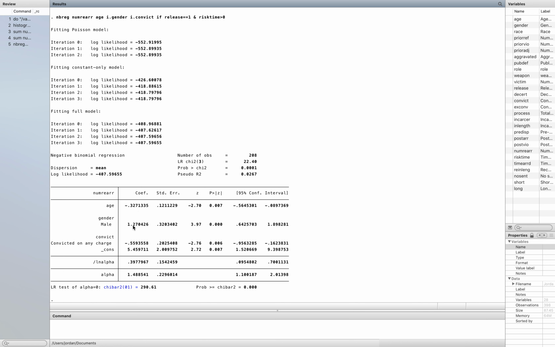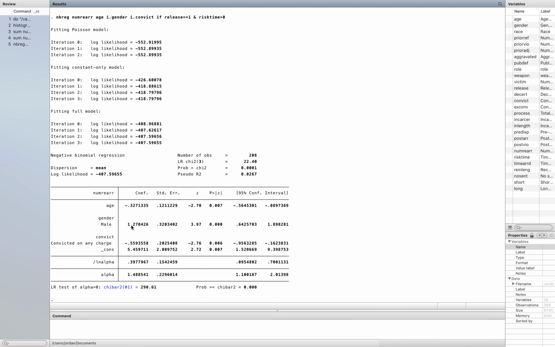Gender. So here we're looking at male. The reference category is female here, since male is the one that's showing up here. Males are coded as 1 and females are 0 in the data. So it's also significant. So what that tells you is the expected log counts of rearrests for males is 1.27 units higher than the expected log counts of rearrests for females.